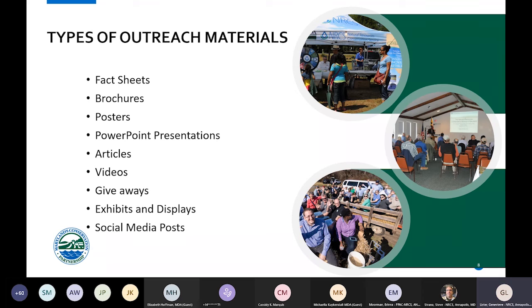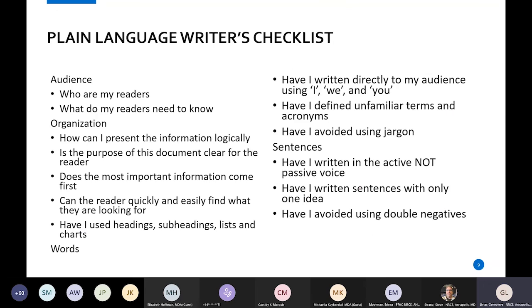Real quick, if you're going to develop any of these fact sheets, articles, any written material, if what you need isn't available from any of these resources, you can feel free to create your own material. You definitely want to loop Public Affairs in, just so that we can take a look and make sure it meets agency guidelines.